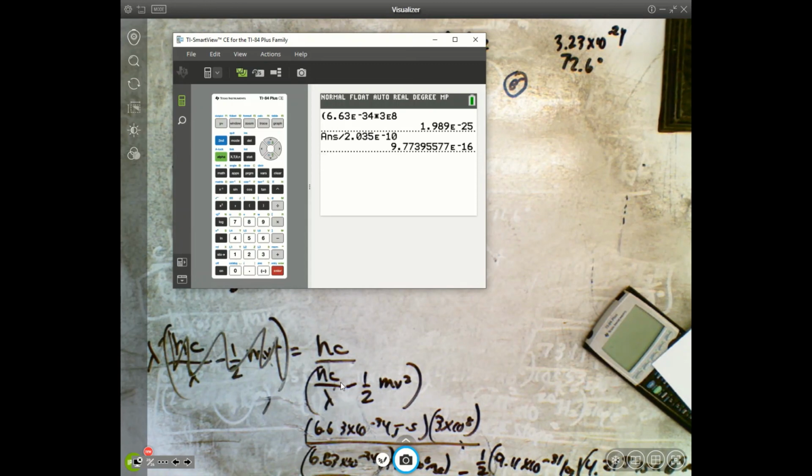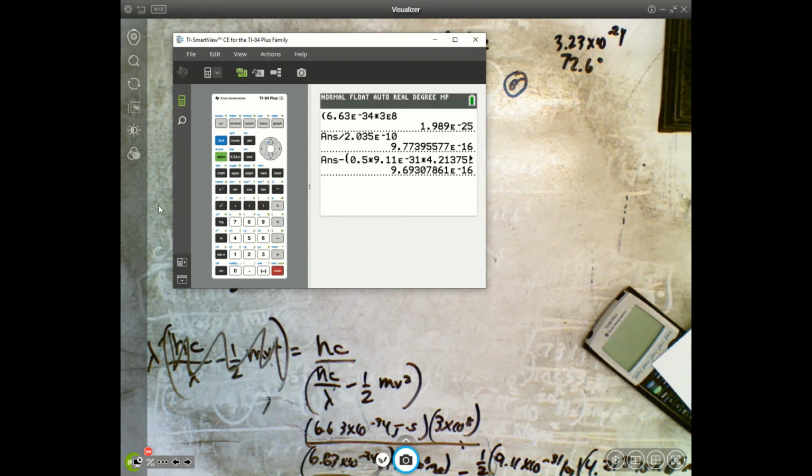So that's this, and I want to subtract 1/2 times the mass of my electron times the speed of my electron. That's this whole bottom thing now.